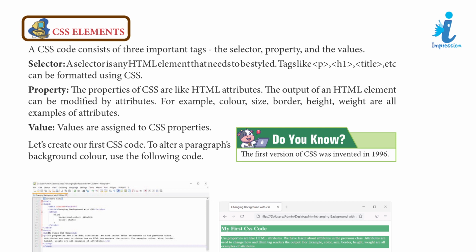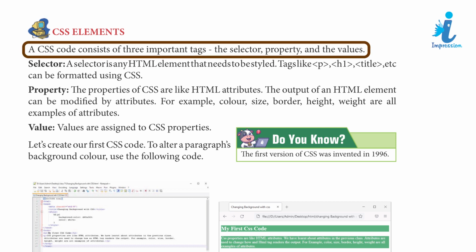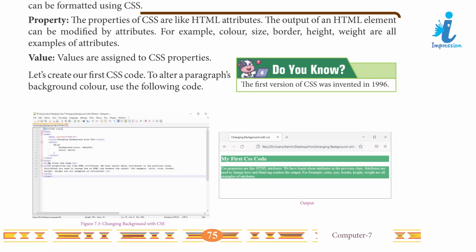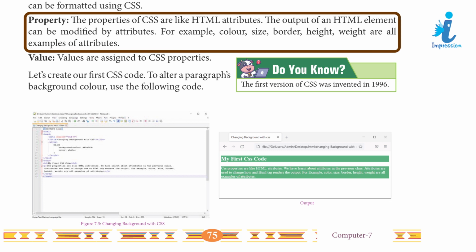CSS elements. A CSS code consists of 3 important parts: the selector, property, and the value. Selector. A selector is any HTML element that needs to be styled. Tags like P, H1, title, etc. can be formatted using CSS. Property. The properties of CSS are like HTML attributes.